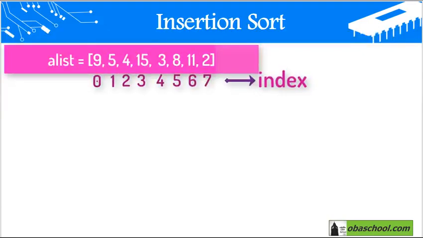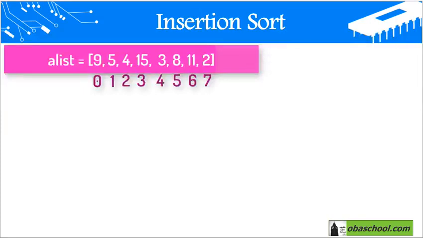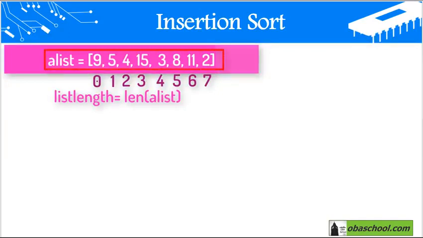To sort the numbers, we must know the length of the list, which is written by len. So we take a variable called list length. It's equal to the length of the list, which is 8.